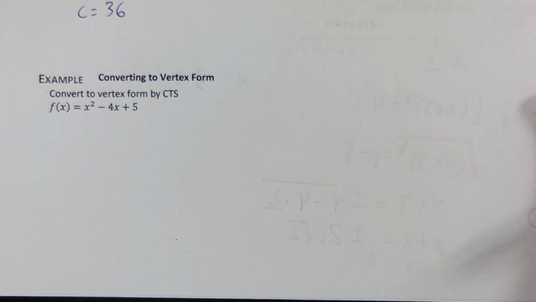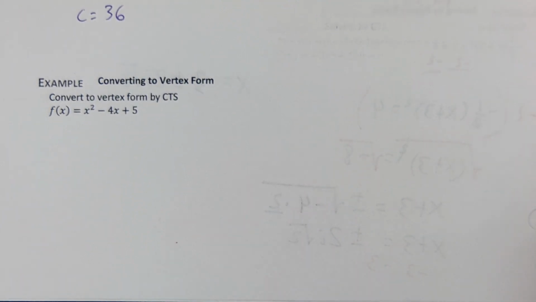This is a quadratic that factors real nicely. It has two nice x-intercepts. The x-intercepts are 1 and 5. You don't have to know that, but I could change it into intercept form just by factoring it. But what about its vertex form is the question. What about its vertex form?